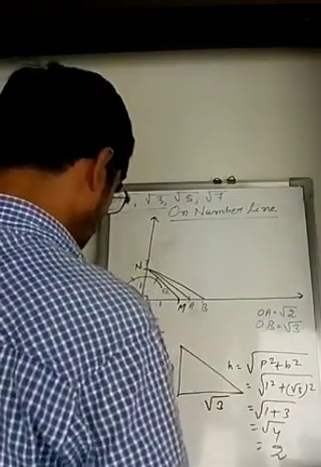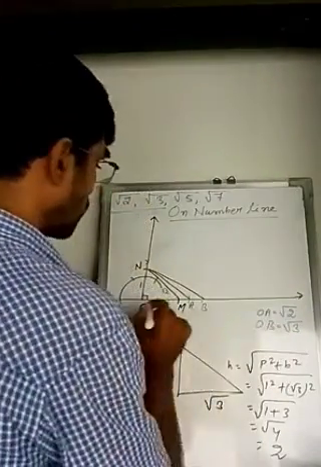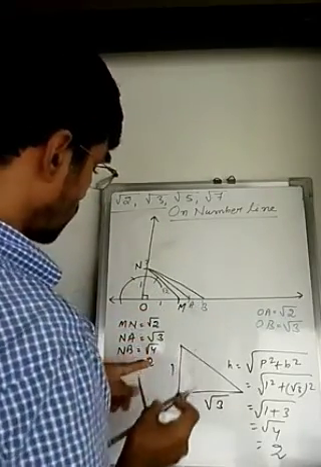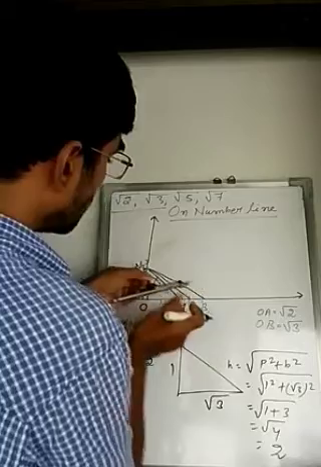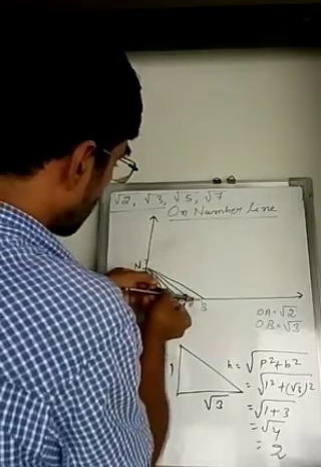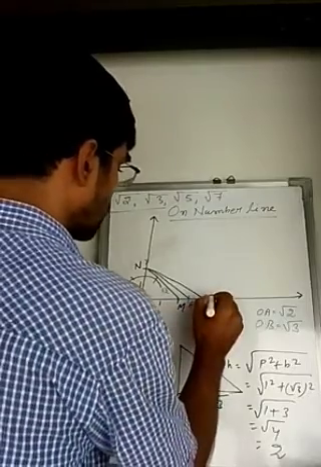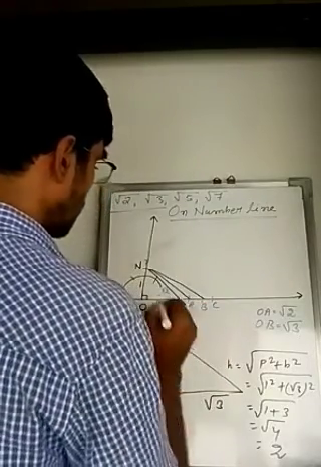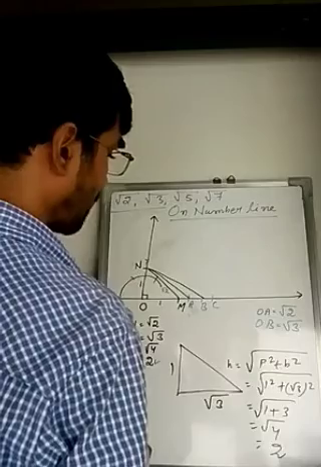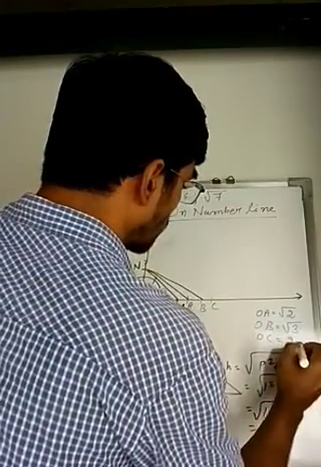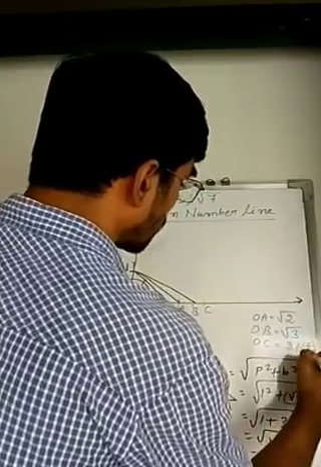So here I will write O to C. I need to take OC as 2. So here NB I will measure by compass and cut it from O. Then I will get this point. C is the 2 here. So I will write OC equals only 2, or we can write root 4.